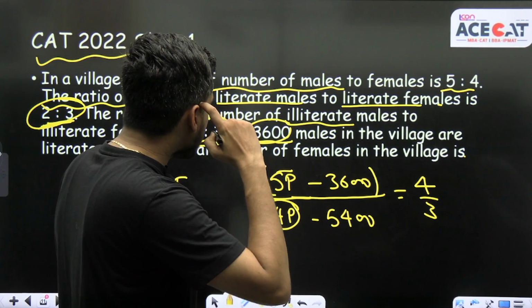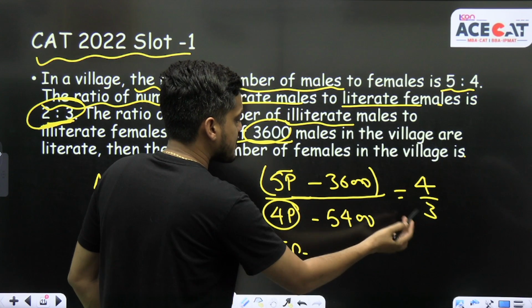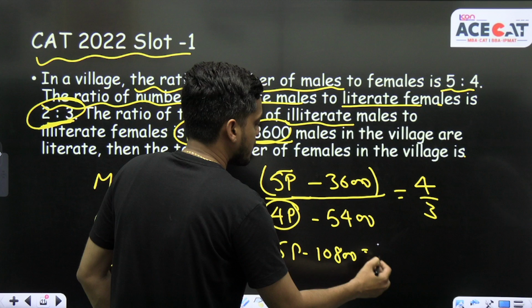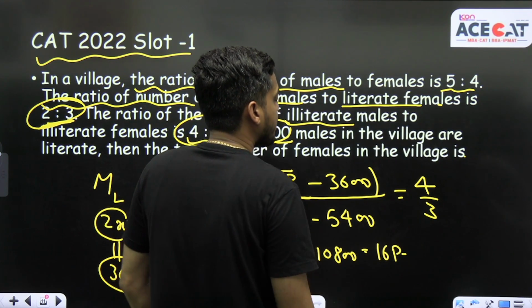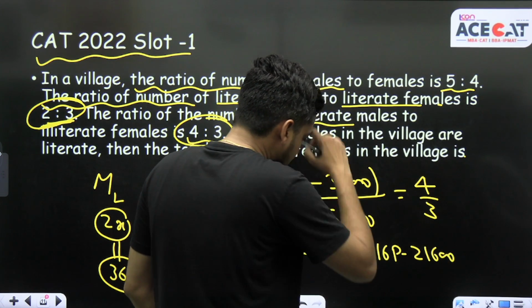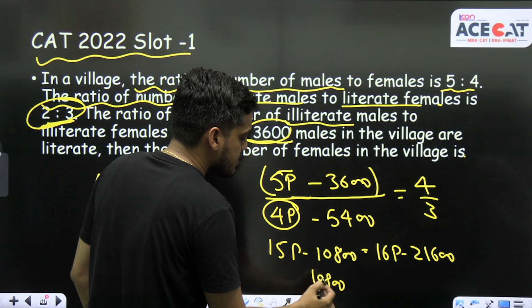So let's solve this. 15p minus 3 times 3600, that is 10800, will be equal to 16p minus 5400 times 4, that is 21600. So here, on solving this, it will be what? 10,800 equal to what? p.